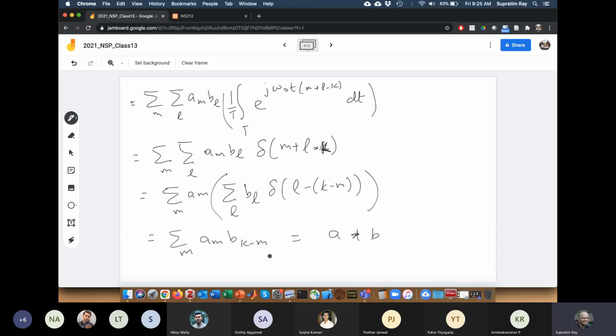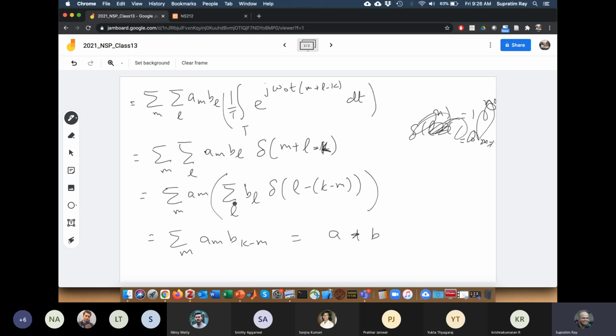Okay, are people still with me? Say something, guys. Can you repeat the last step? I missed it, going from here to there. Yeah. So see, the delta function of n is 1 when n is 0 and 0 everywhere else, right? That's the definition of a delta function.